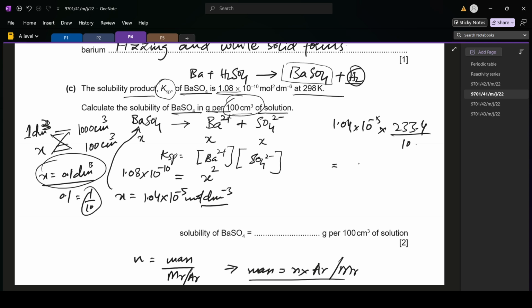And that's going to be 2.43 into 10 to the power minus 4. Okay, this is the final answer.